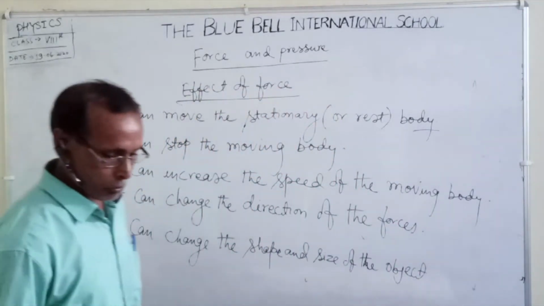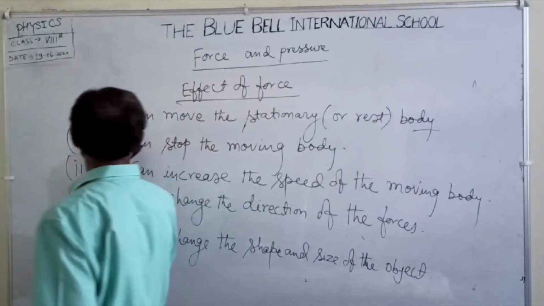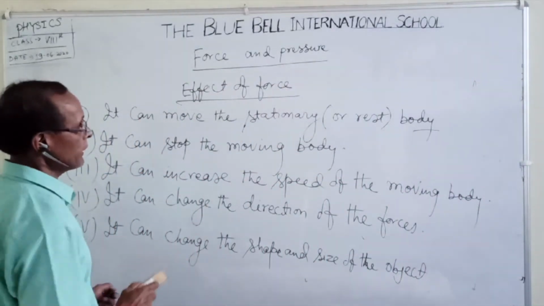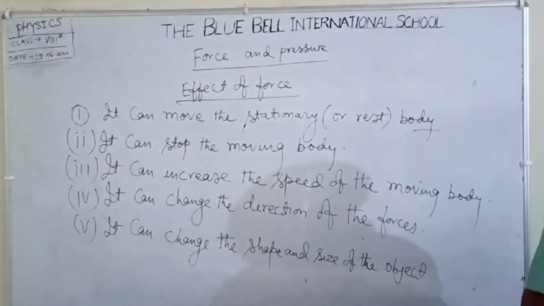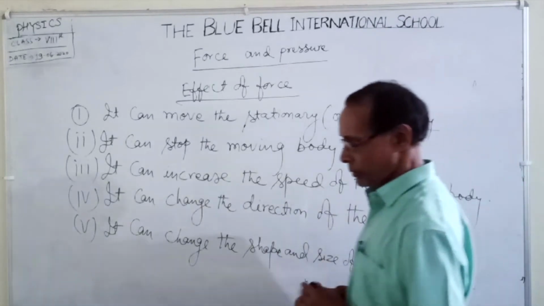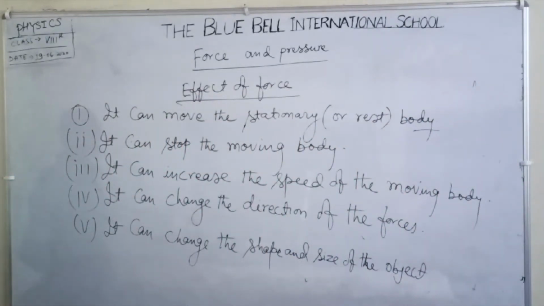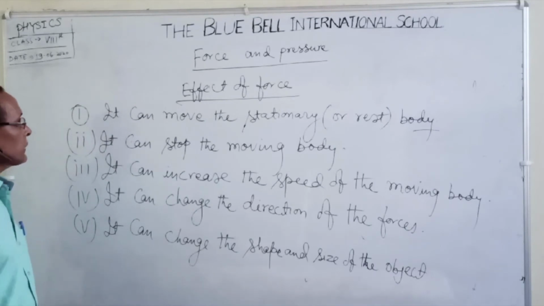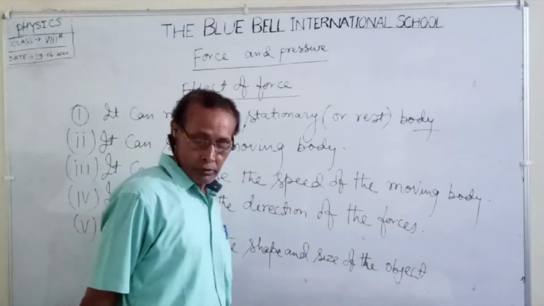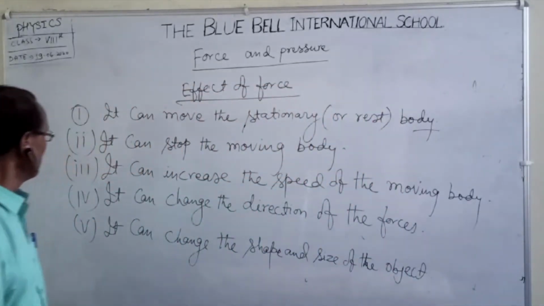Now we will discuss it in detail one by one. First one is it can move the stationary body, or the body which is at rest. Stationary means the body which is not moving. If we apply force on the stationary body, it will start moving. This is the effect of the force.